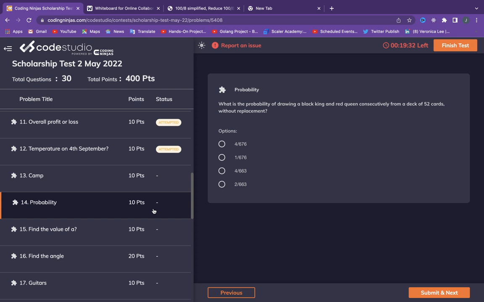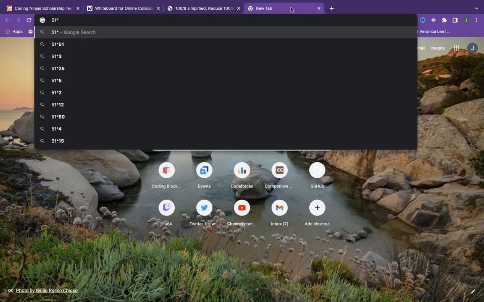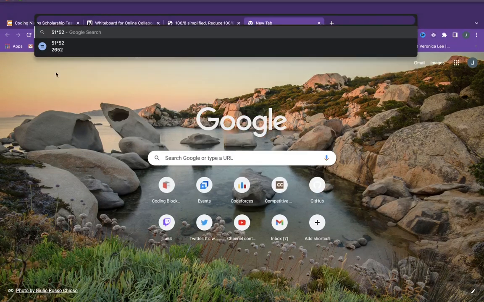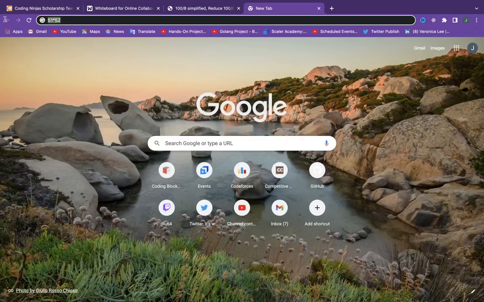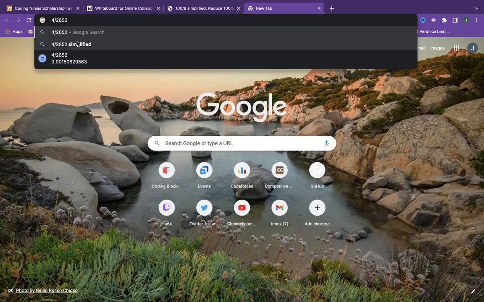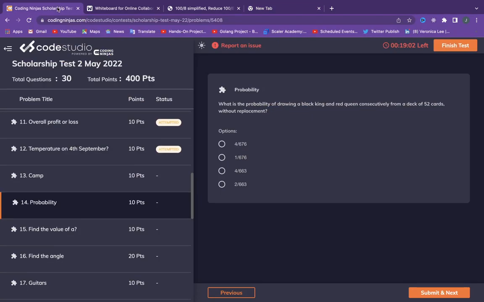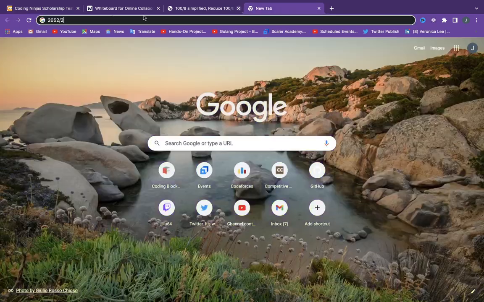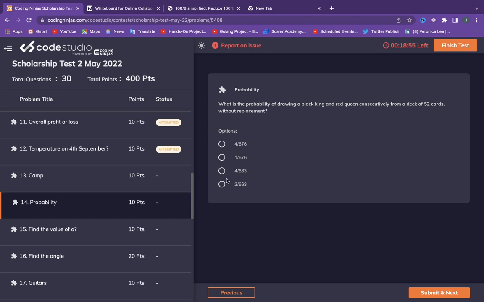So 4 divided by 51 into 52, and 51 into 52 is 2652. 4 divided by 2652. Okay, 2652 divided by 2 then, 1326. So 1326, let's say this 663. So 1 divided by 663.